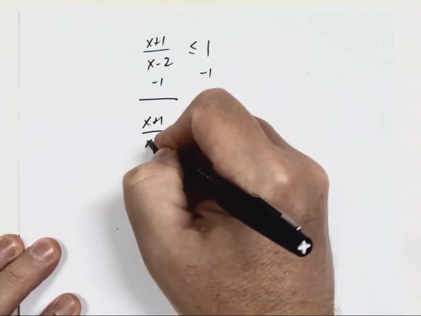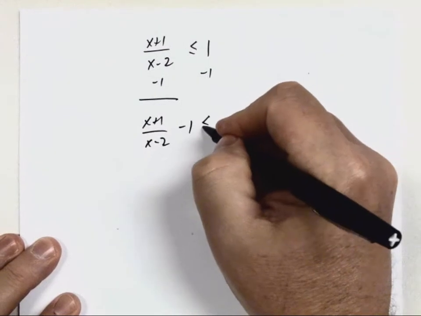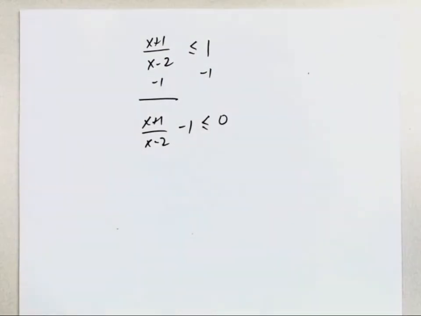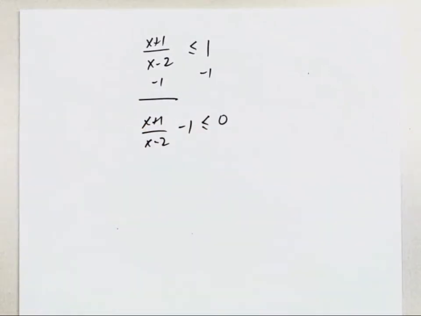So I'm going to have to subtract 1 from both sides. This is going to look sort of funky. x plus 1 over x minus 2, minus 1, less than or equal to 0. But as it stands right now, there's no way I can solve this thing. What I need to do is try to combine these two terms into one fraction.